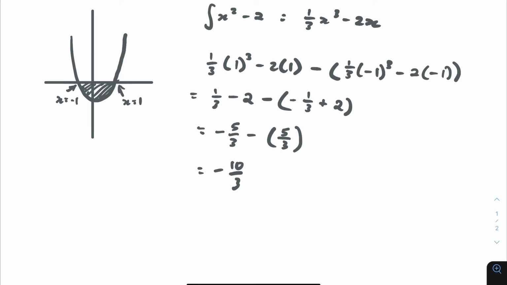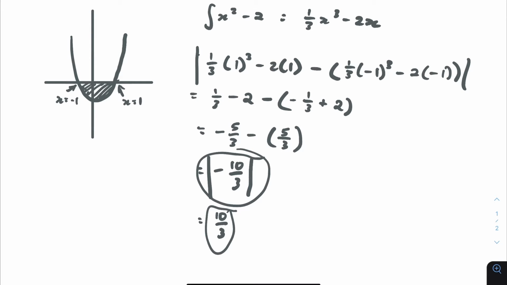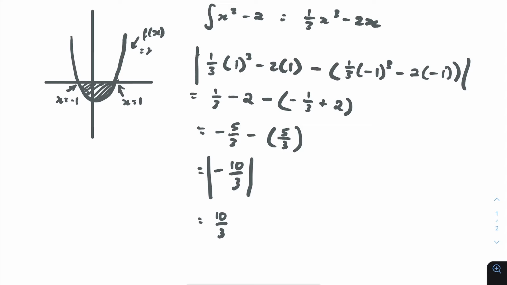So if it's completely below the x-axis, you take the absolute value of the answer you get, which would give you 10/3. So from the get-go, you'd put this in the absolute value sign, and then you do all that, and then you get this. So the real area is 10/3 for the curve f of x equals x squared minus 2.